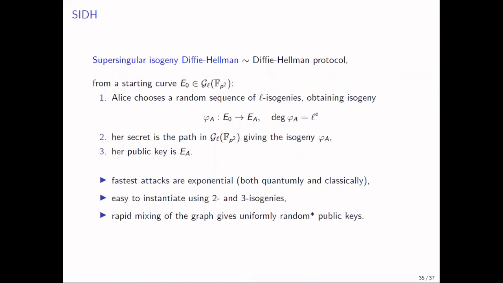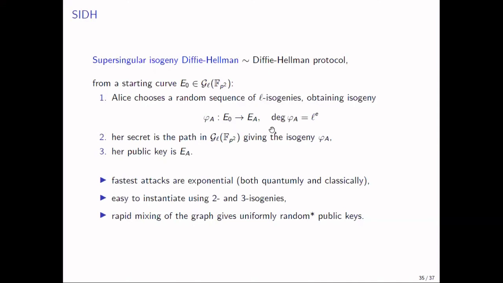So you again have Alice and Bob trying to end up with a shared value. And I'm gonna explain to you what Alice does. So there is some starting curve, and Alice chooses some random sequence of L isogenies.